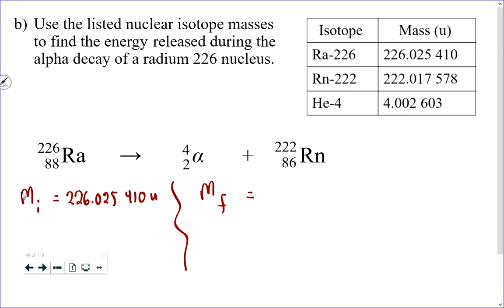I don't particularly feel like carrying numbers this morning, so Will, can you tell me what you get? 226. Little louder, please. 226.020181. Anybody else up for that number of atomic mass units?